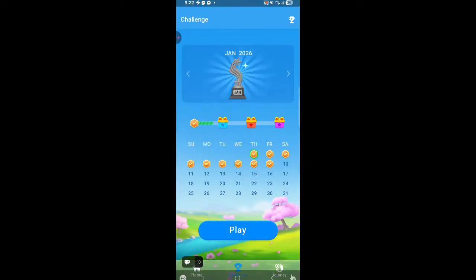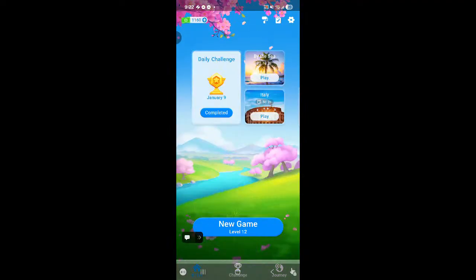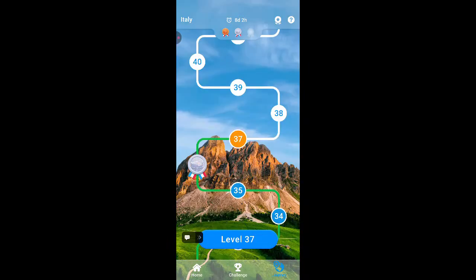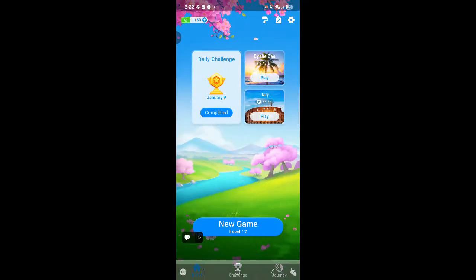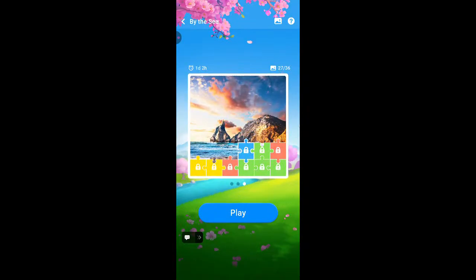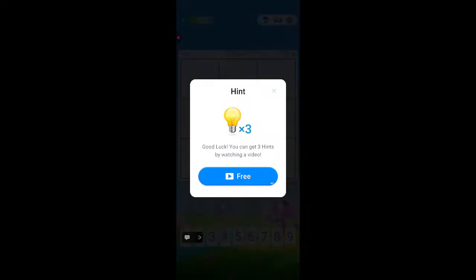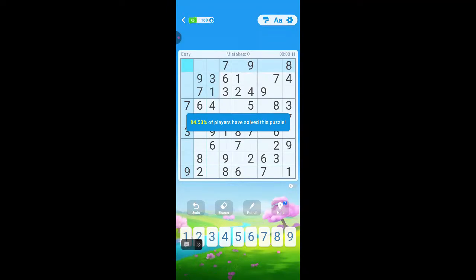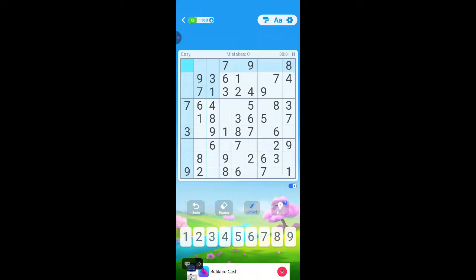I don't want to play that again. Okay, so when it comes to Italy, we got just a lot to do. And when it comes to this, we could just finish it off probably before the battery runs out, so let's just do that. Just more of the same, I guess.